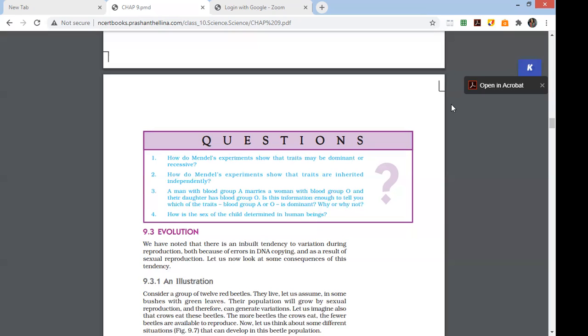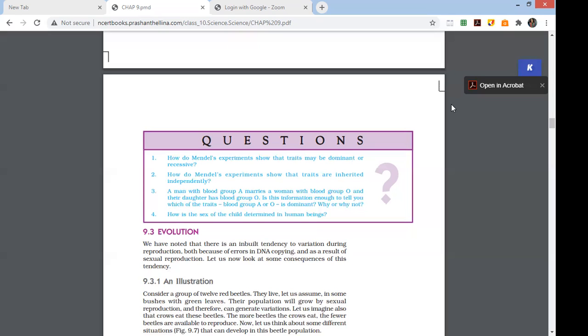Now let us move to the third question. A man with blood group A marries a woman with blood group O and their daughter has blood group O. Is this information enough to tell you whether A or O is dominant? And you have to justify your answer.